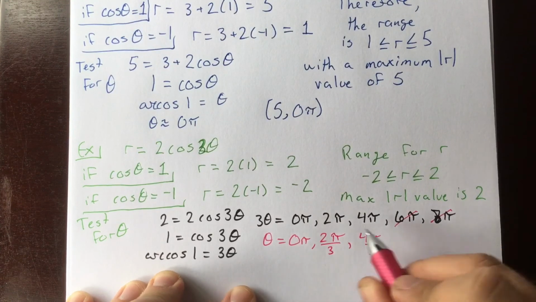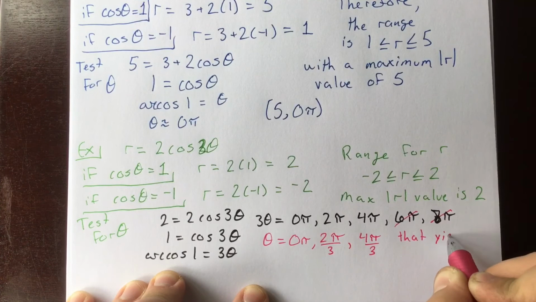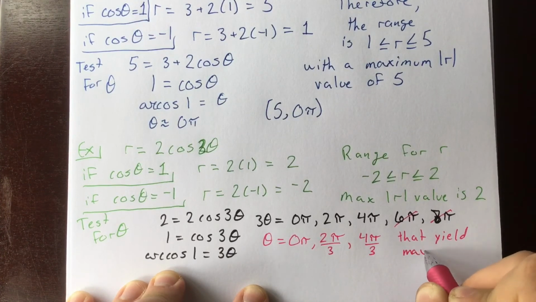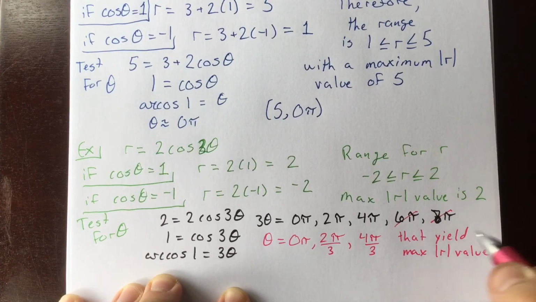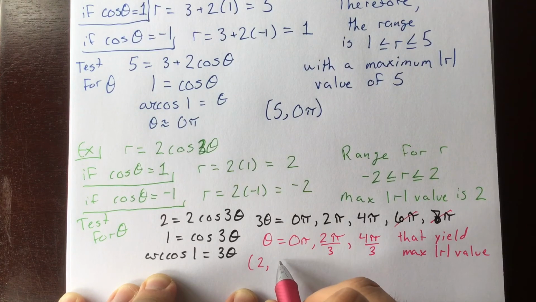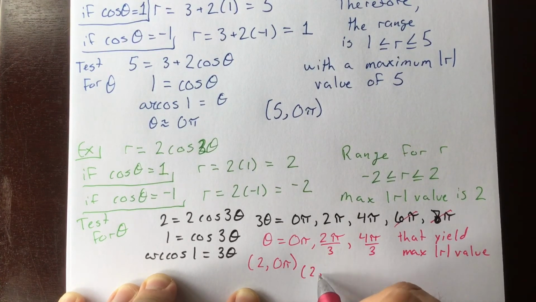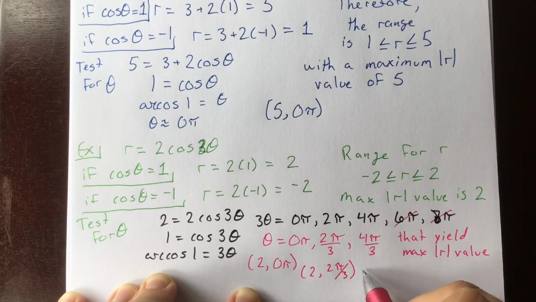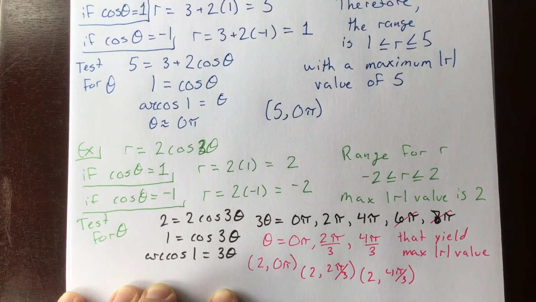So these are the 3 values that yield the max r value. So our coordinates would be +2 comma 0 pi, +2 comma 2 pi over 3, and +2 comma 4 pi over 3. And there we go. We're done.